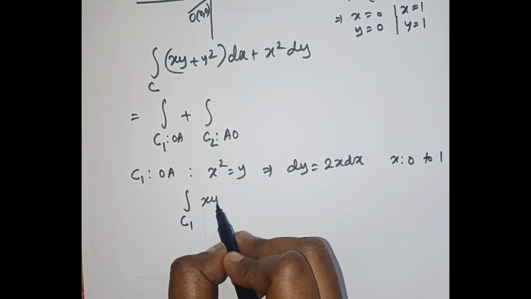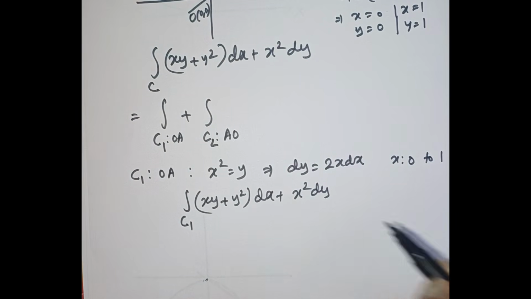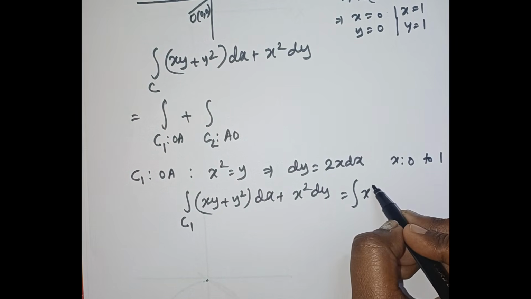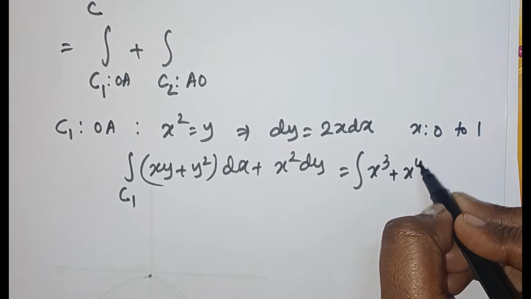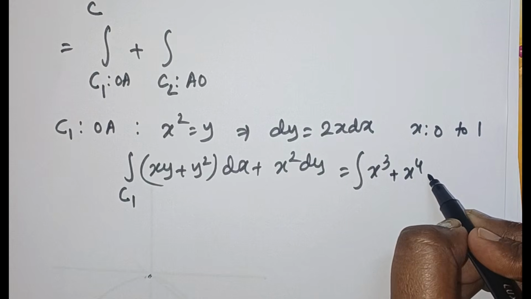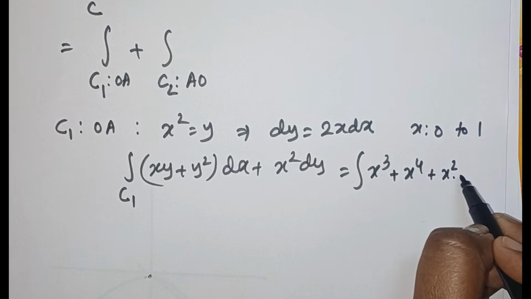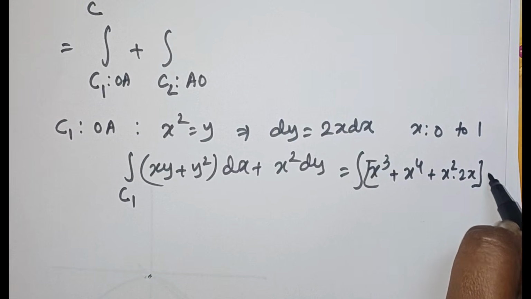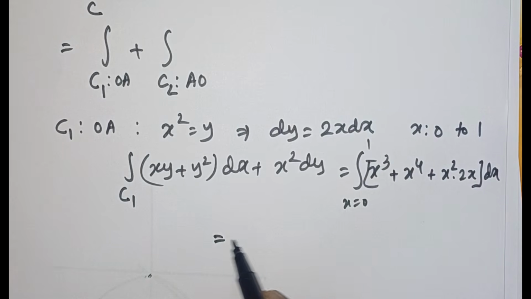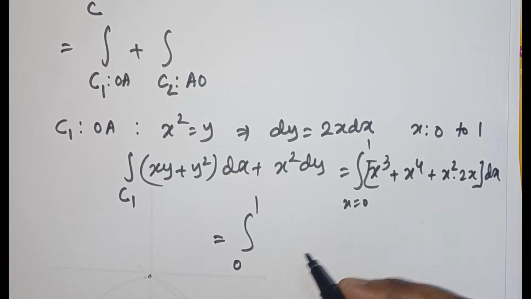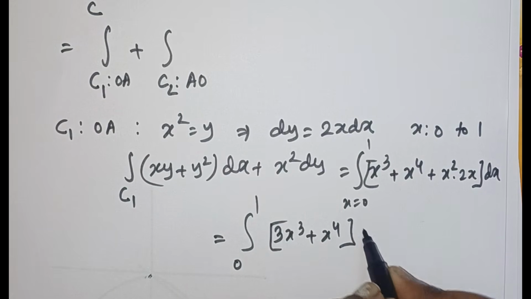Hence, for C1, if we substitute the values, then the integration over C1 will be x cube plus, if we put the value, x to the power 4, plus this is x square and dy is 2x dx, with x going from 0 to 1. So calculating, we are getting the integration from 0 to 1 of 3x cube plus x to the power 4 dx.